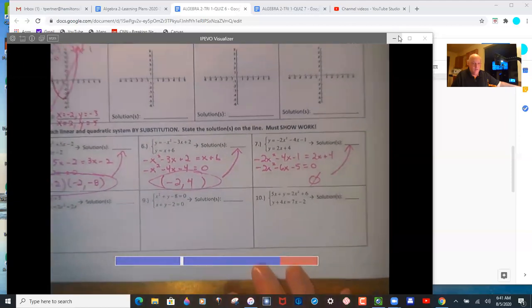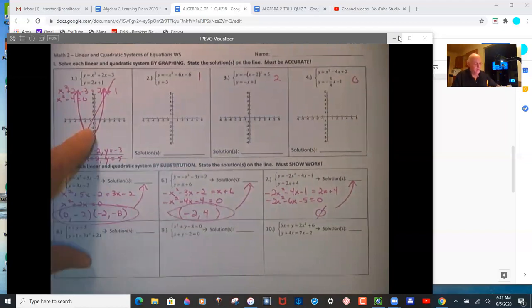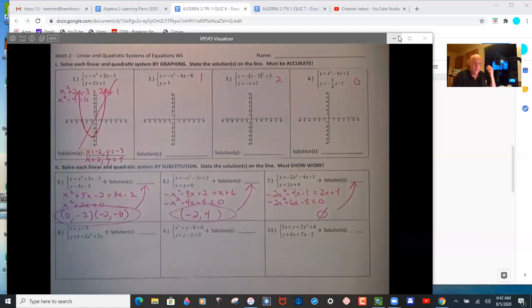That basically is linear quadratic systems. Again, you have the added extra of the graphs. Just make sure that you graph the vertex value when you graph the quadratic, and that we've worked a ton on that. These are actually pretty simple when it boils down to it.